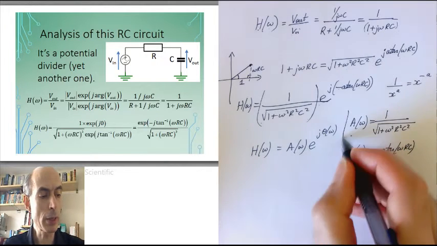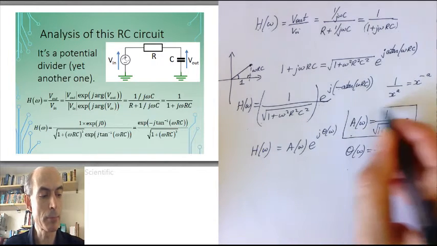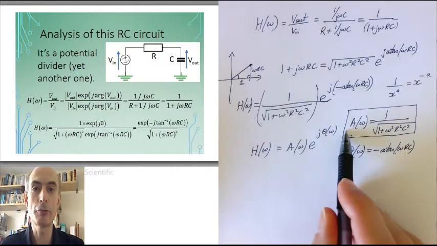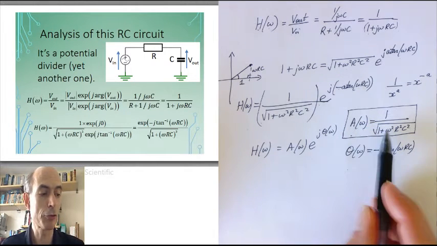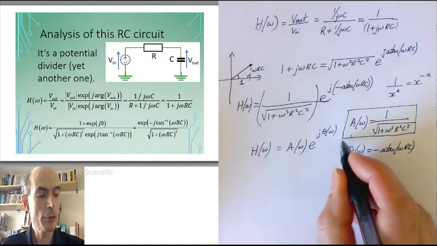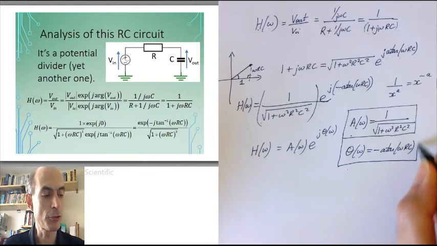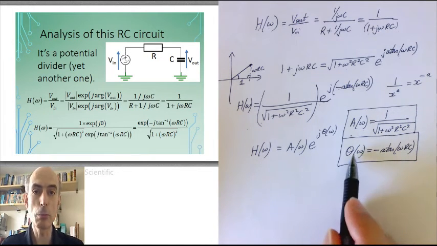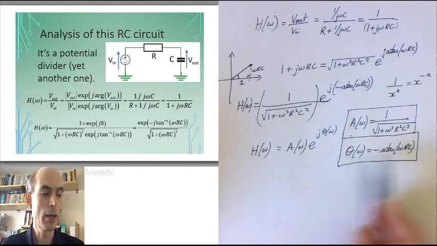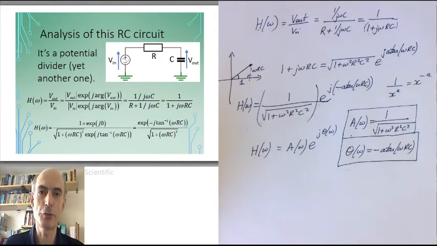And this would tell me the amplitude gain, the magnitude of the output divided by the magnitude of the input, as a function of frequency. And this tells me the phase change, the difference between the output phase and the input phase, again as a function of frequency.